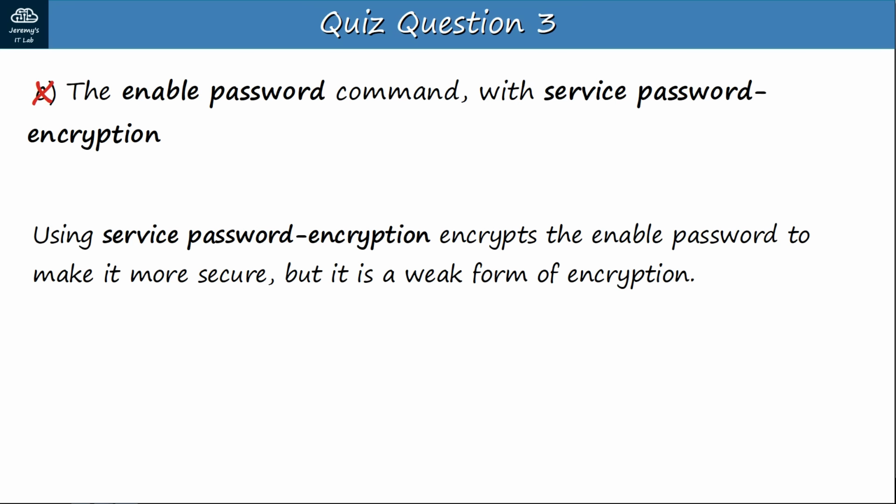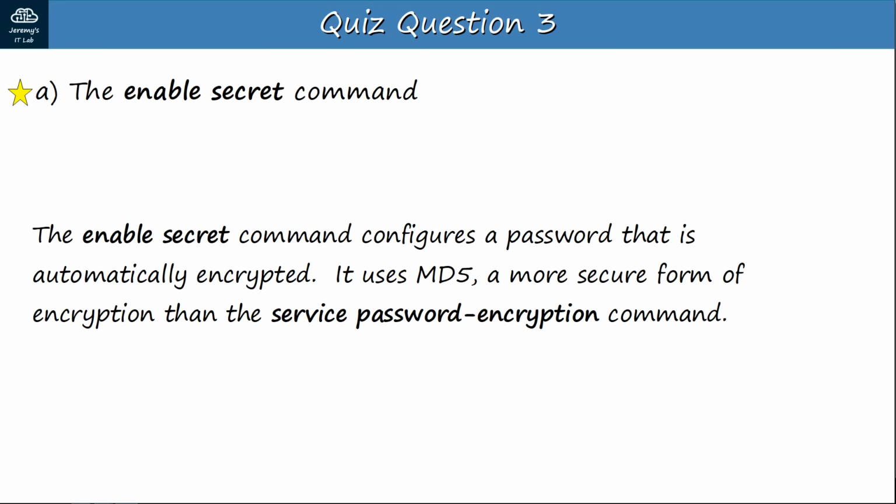So C, enable password with service password encryption, is incorrect. The enable secret command configures a password that is automatically encrypted. It uses MD5, a more secure form of encryption than the service password encryption command. So A, the enable secret command, is the correct answer.